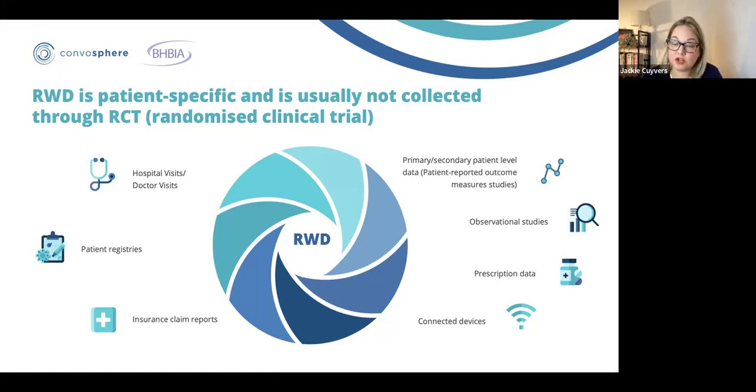It could come from insurance claims data. It could be primary or secondary research. It could be observational data, prescription data, or even data that's shared from connected devices such as an Apple Watch or a metabolic tracker. So it's all of the data that's relevant to the patient experience, and it helps provide a view of what patients are actually encountering in their day-to-day lives.